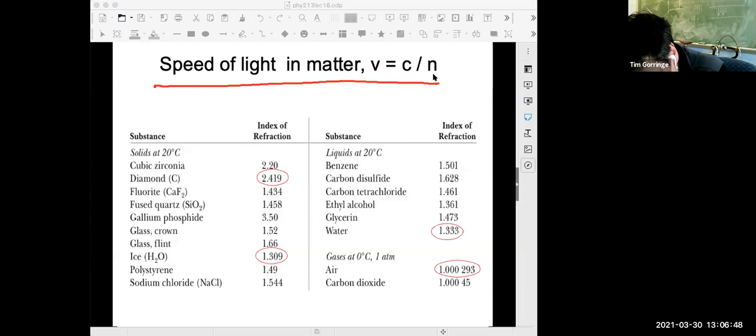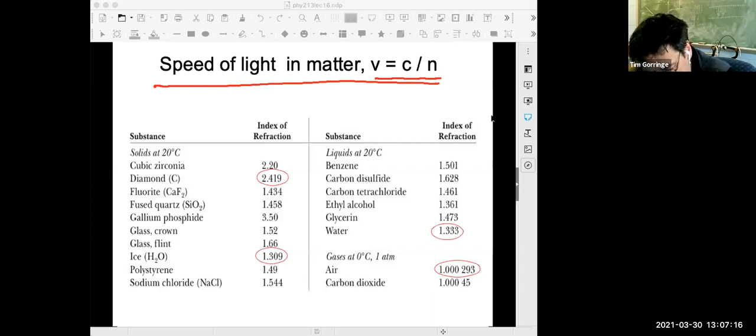And so this equation here is important. The speed of light in a material, that's the v, equals the speed of light in vacuum, that's the c, divided by the refractive index of the material. So if you want the speed of light in air, you've got to divide the speed of light in vacuum by the refractive index of air. If you want the speed of light in diamond, you divide by the refractive index of diamond.